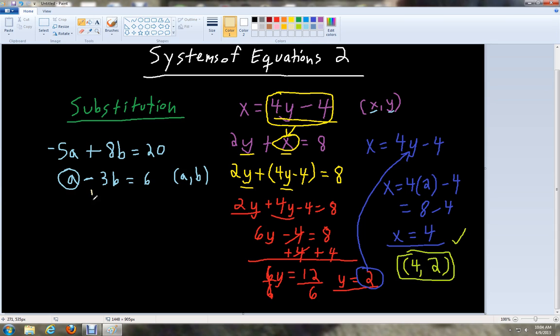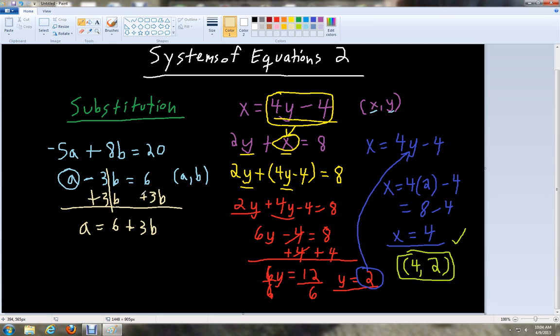If we add 3b to both sides, the 3b's cancel. And we have a equals 6 plus 3b.